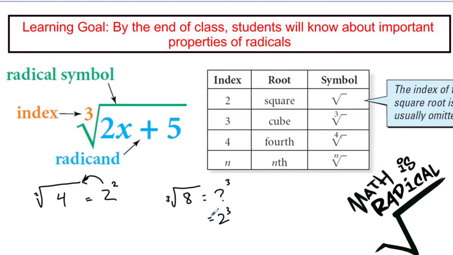The radical symbol is always asking the question: what number, when I raise it to this particular power, gives me back what's underneath the radical symbol? So the thing that's going to change now is that we've only been focusing on what number, when you square it, gives me the radicand. Now we're expanding on that, and asking what number, when I raise it to the third power, gives me the radicand, or the fourth power, or the fifth power.